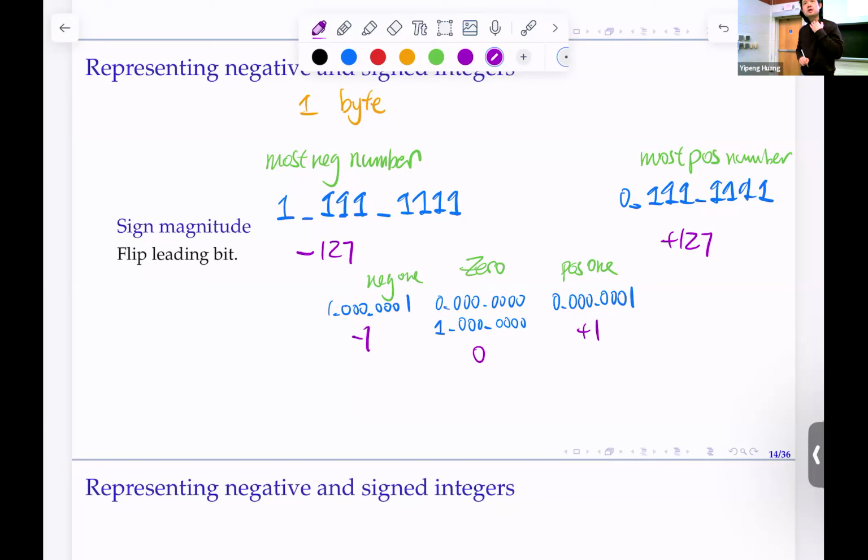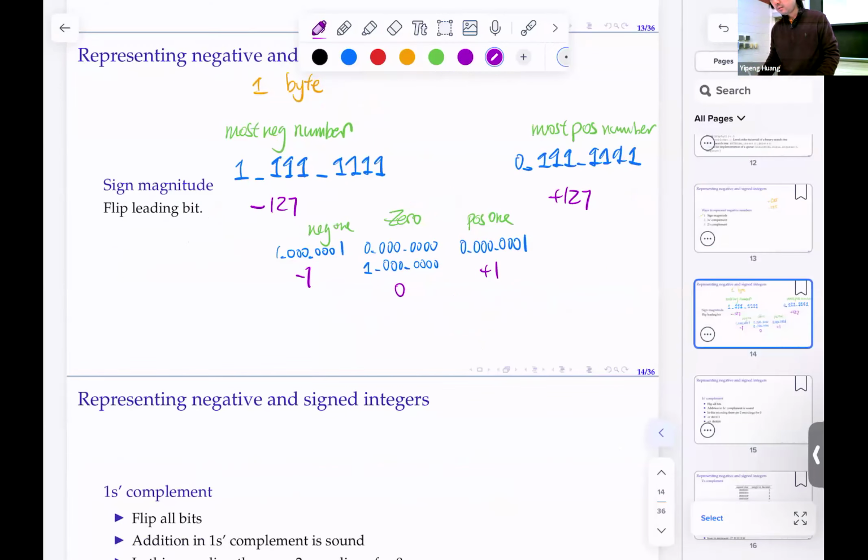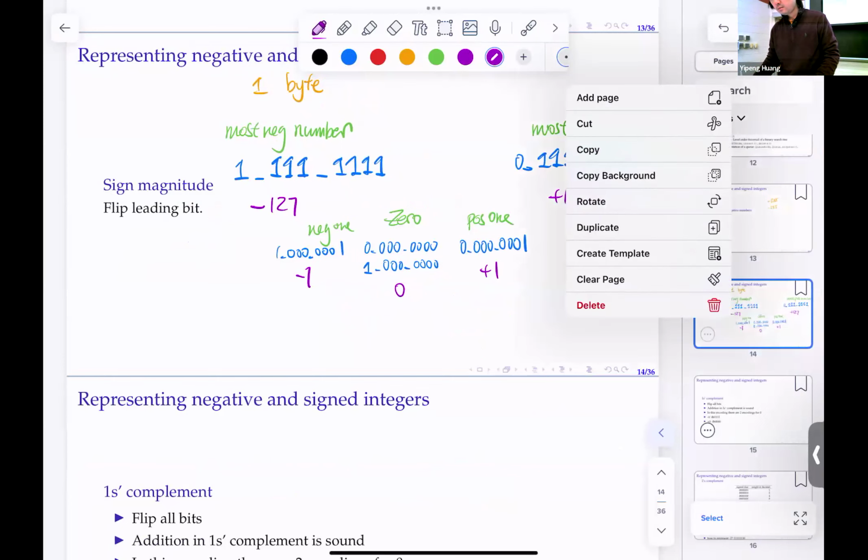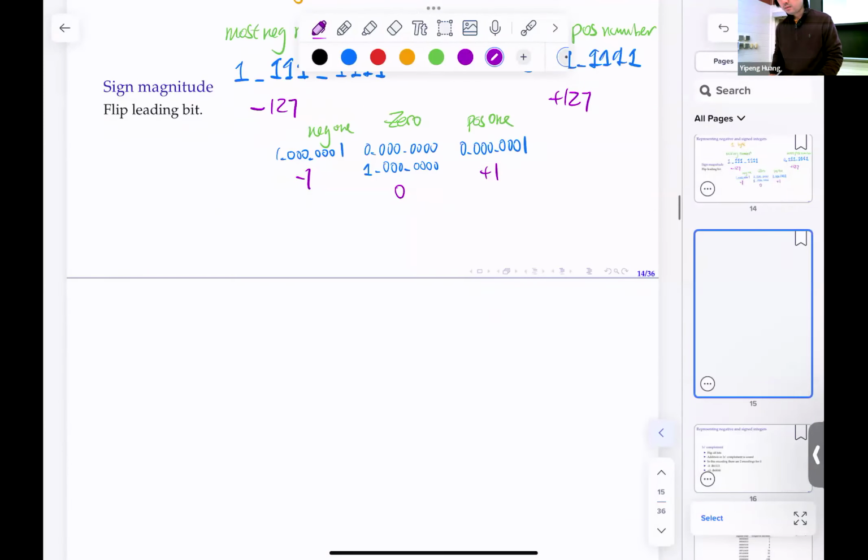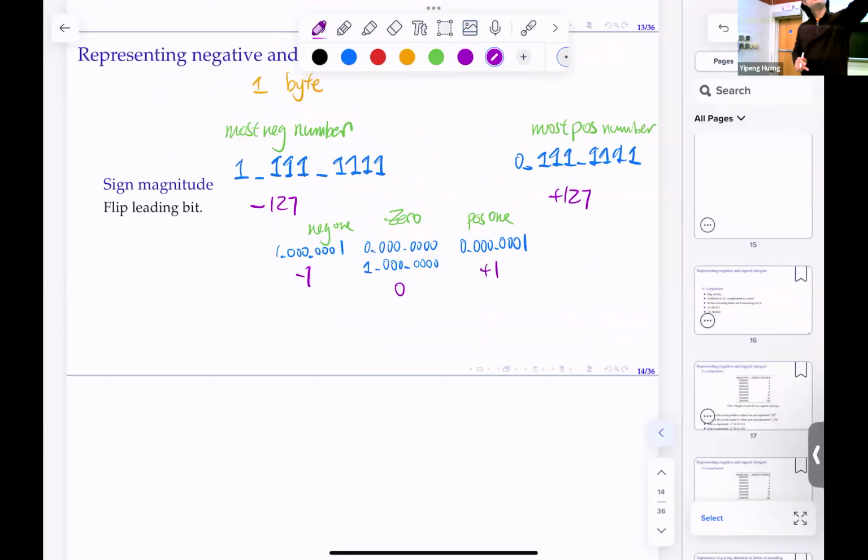What's the first operation that we'd like to do? What are a couple of operations we'd like to do when we have a number system? Adding and subtracting numbers. Okay, you would like to add and subtract. That's good. What's even more fundamental than adding and subtracting? Comparing.